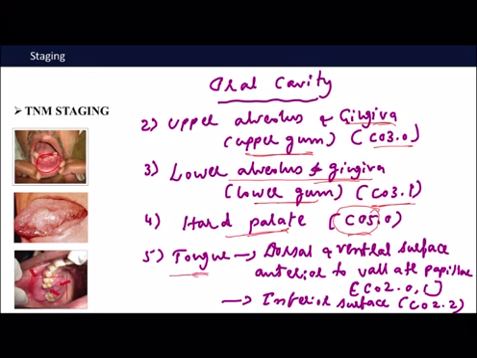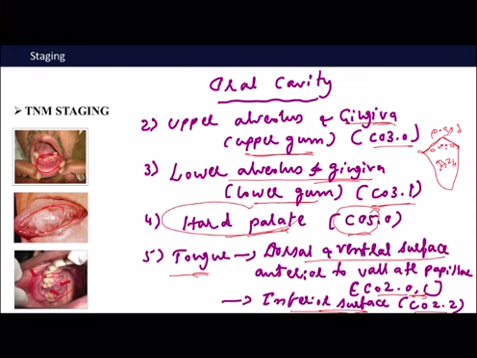And whenever it involves the tongue, it could be either the dorsal surface and ventral surface of the tongue, which is anterior to the circumvallate papillae or sulcus terminalis, that is the anterior 2/3 of the tongue, or the posterior 1/3 of the tongue. All these areas have been given as C02.0 or 1. And if it involves the inferior surface of the tongue, that is not the ventral surface, and the posterior 1/3 of the tongue, that is C02.2, right? So hard palate will be C05.0. So right, this is again a coding system.